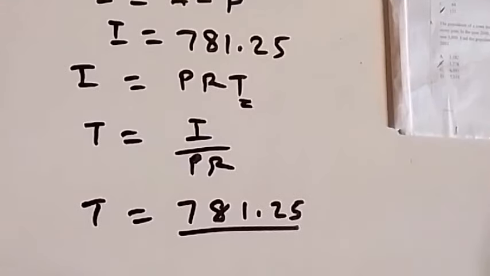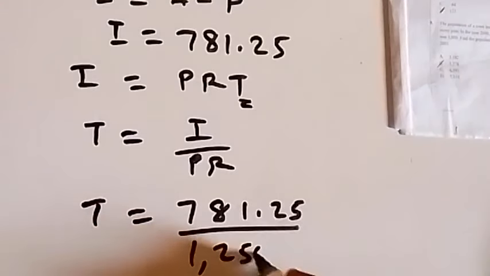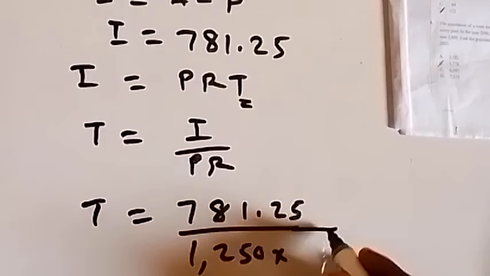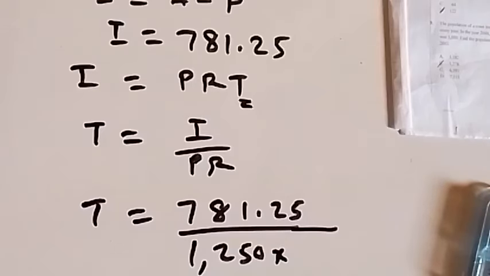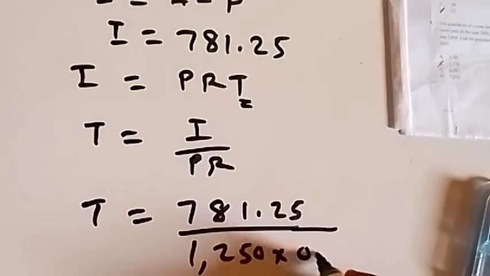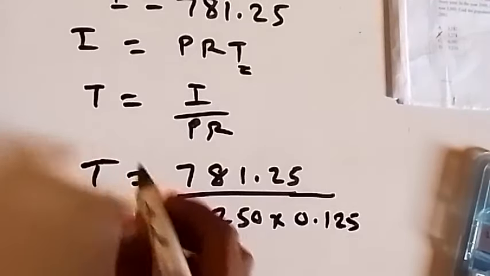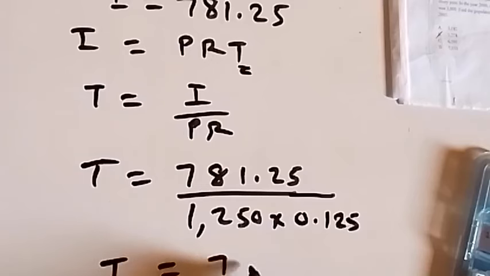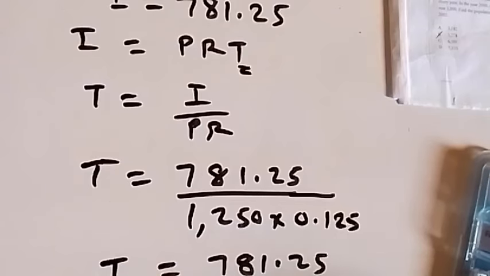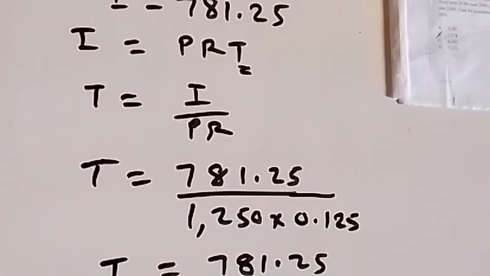And the principal is 1,250, then times R, which is 12.5%. When we put that in decimal, 12.5 divided by 100 gives us 0.125. So time is 781.25 divided by, we can multiply this, 0.125 times 1,250, and this gives us 156.25.